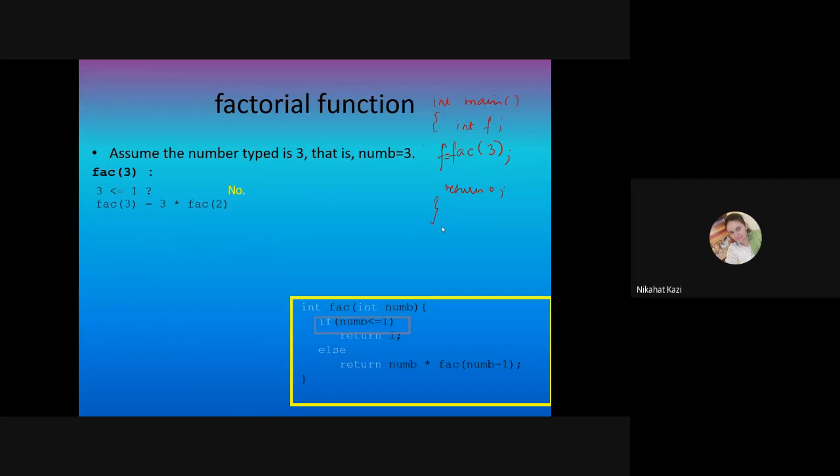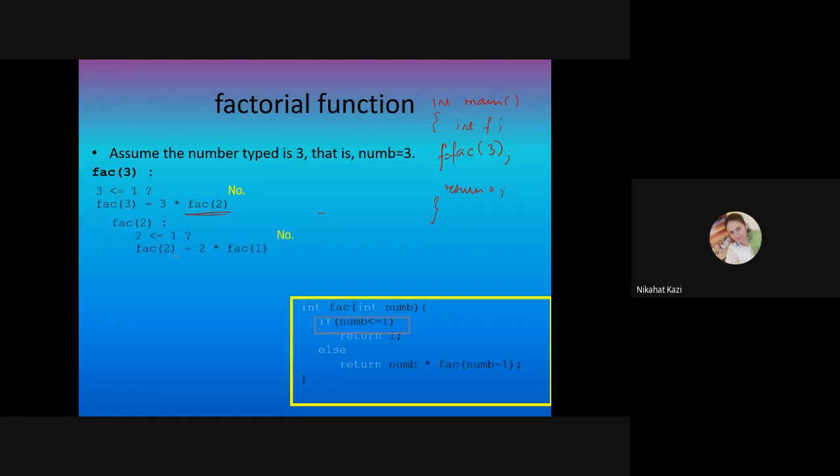Now there is a function call to factorial with argument 2. Since this is another function call, what happens in the background is that the function starts running again with this value 2.